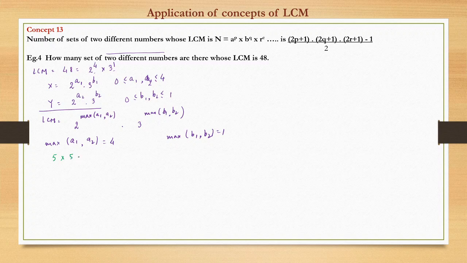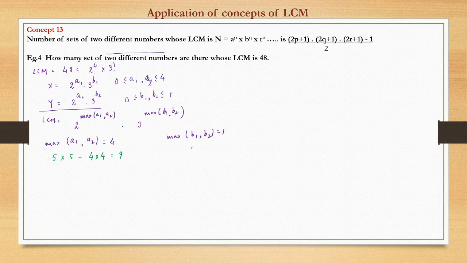But this is the total of values which a1, a2 can take, while we have to find those cases where the maximum of a1, a2 is 4, that is at least one of them, a1 or a2 or both, takes the value 4. So we subtract those cases where neither a1 nor a2 takes the value 4, meaning a1 or a2 takes a value of 0, 1, 2 or 3, that is 4 cases for a1 and 4 cases for a2. So this is nothing but 25 minus 16, which is 9 cases, right?